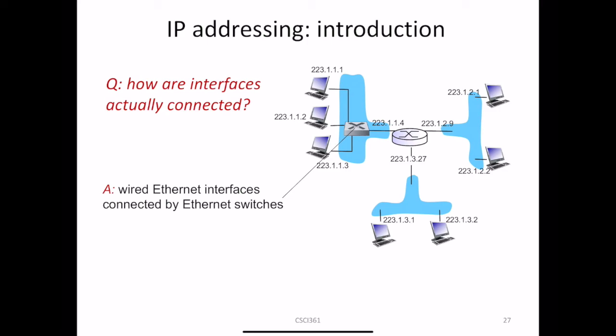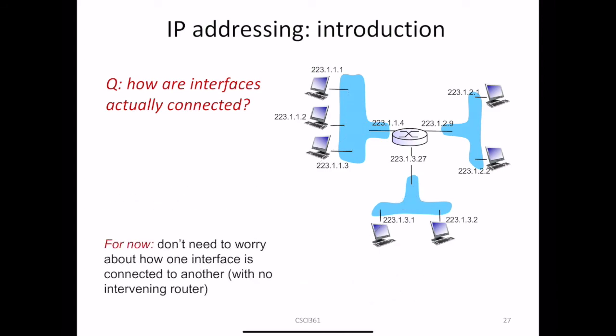There's another way we can connect multiple devices together wirelessly. It's the Wi-Fi base station, or most of the time we call it an access point. So through these two kinds of devices, we can connect multiple interfaces together.